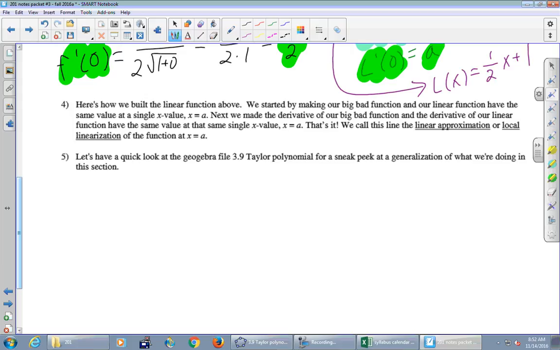And then we made the derivative of our big bad function, the square root, and the derivative of our linear function have the same value at that same single x value, x equals a. So they agree at the point, same y value, and the same derivative. And we called that line the linear approximation or the local linearization of that square root function at x equals 0, or x equals a in general. All right, so I think that's it in terms of the demo.